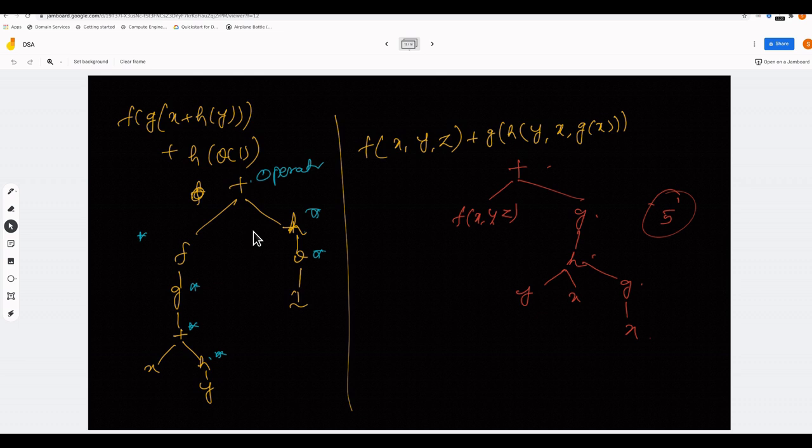Let me open a new tab with a white background. One last problem, and I will make it a little tricky.